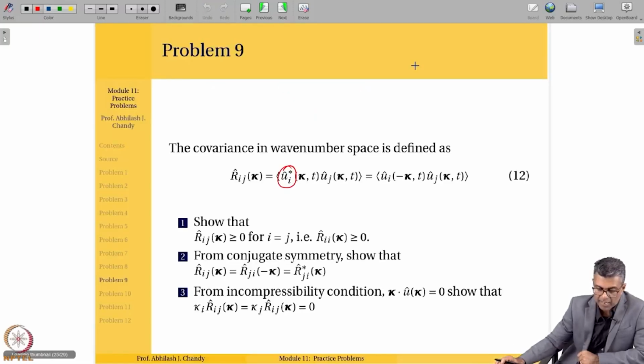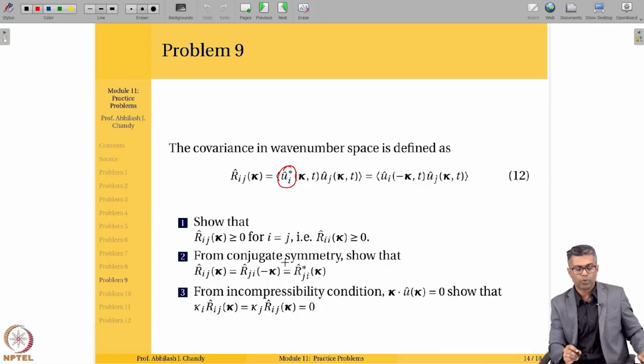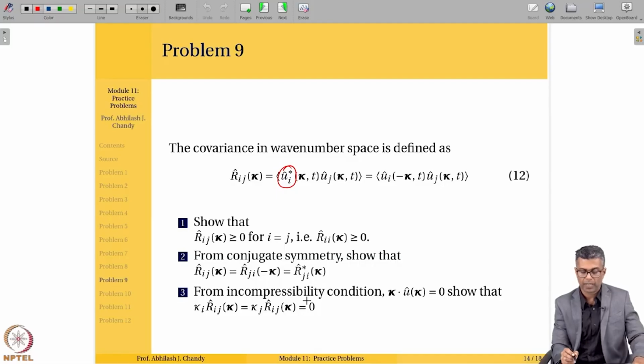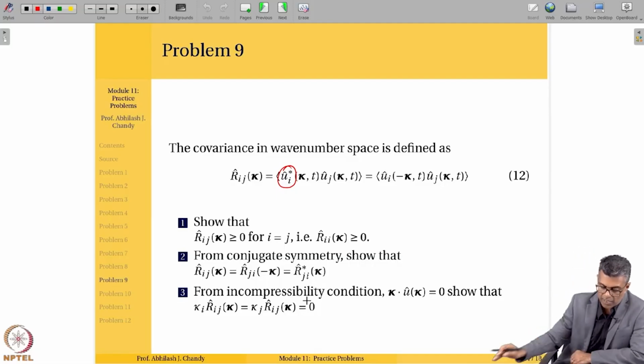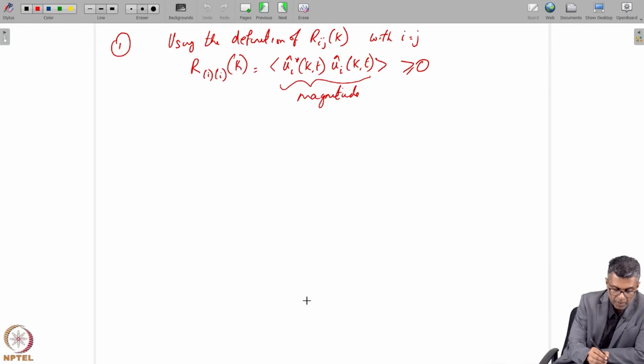Now let's go back to the second part and look at the question. From conjugate symmetry, show that Rij hat of kappa is the same as Rji hat of minus kappa, which is Rji star of kappa. So let us see how to do that.